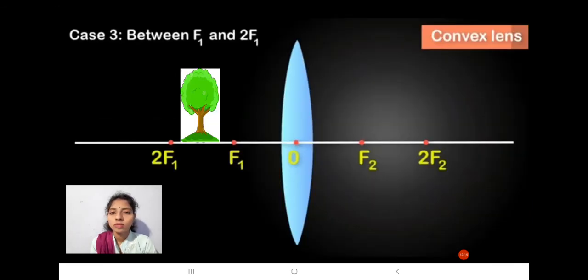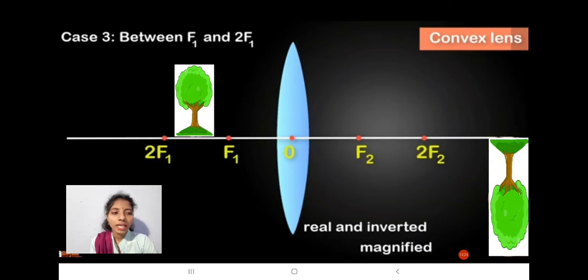Now, third case, we have to take the object between f1 and 2f1. Now draw the ray diagrams for this case. In this case we will observe the image that is real and inverted, and the image will be magnified. Yes, you can see here the object height is less than the image height.